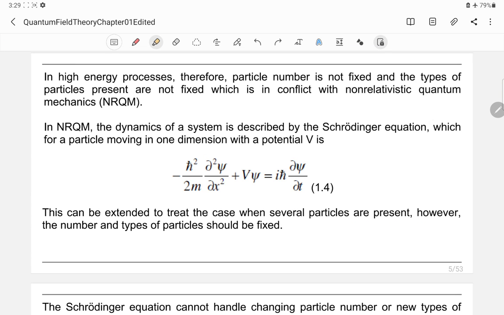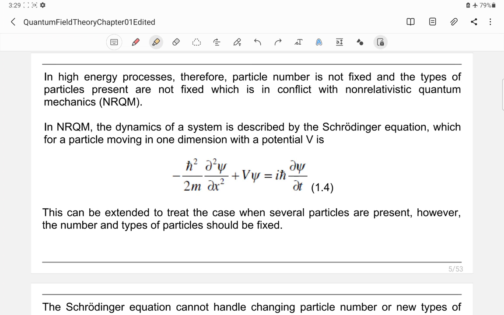In high energy processes, you don't expect the number of particles to be constant from time to time, because many of these particles annihilate or many of these particles are also created, so it's never fixed.